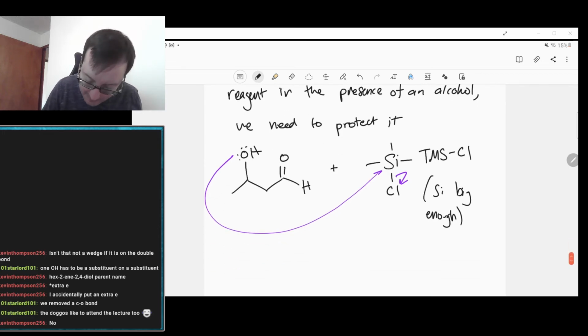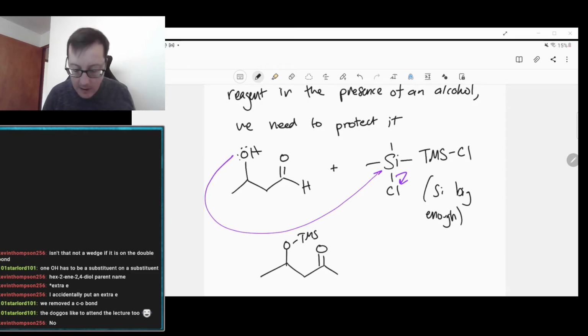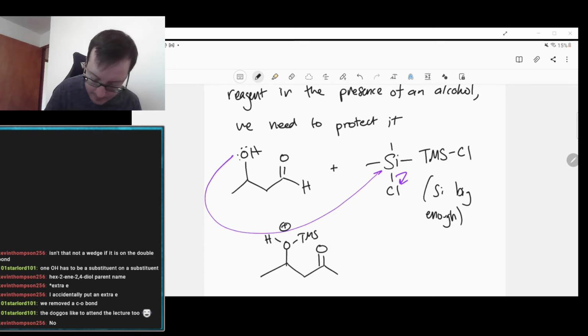And so you end up now having, well, I guess we need to put in a base in here somewhere. Let's use triethylamine? Although actually pyridine is probably more common.